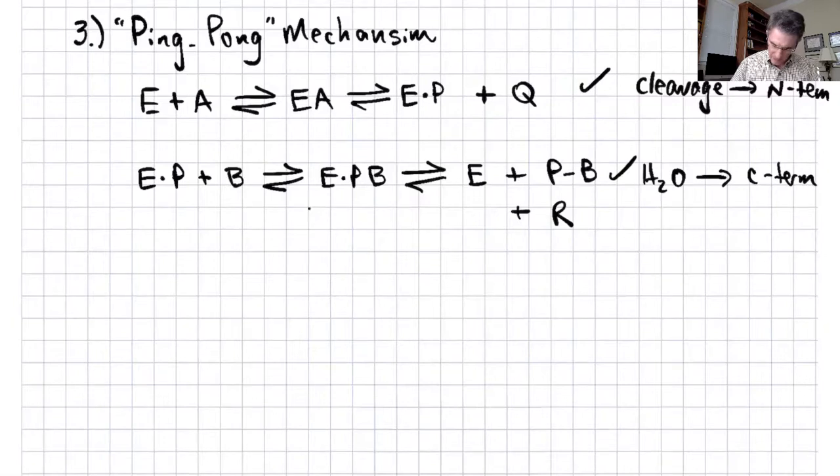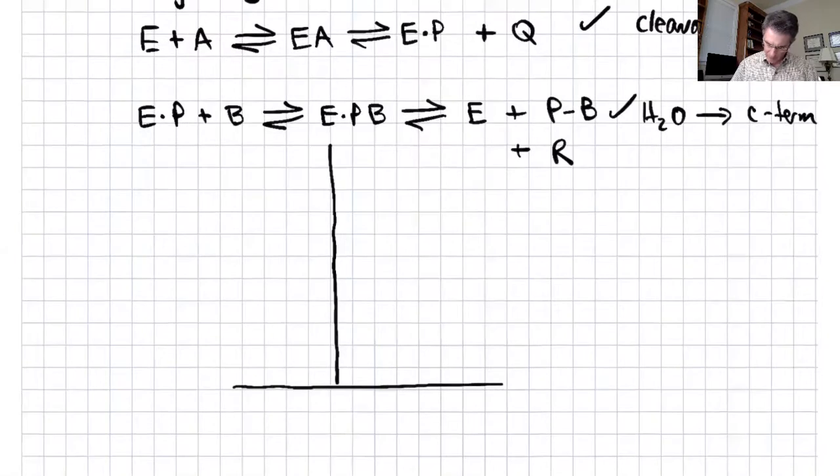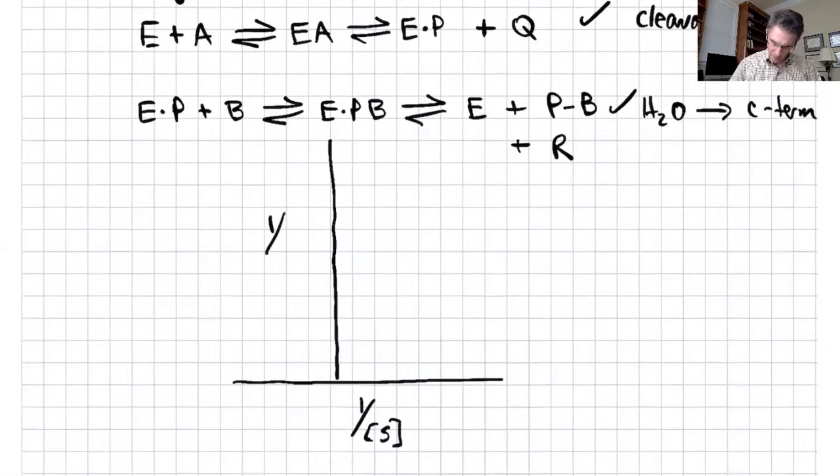So where this is often illustrated is with respect to these linear transforms, specifically the Lineweaver-Burk plot, where, remember, you have 1 over the concentration of substrate versus, on this axis, 1 over the initial rate. It's a double reciprocal plot.